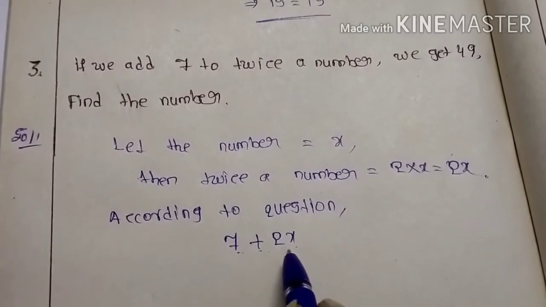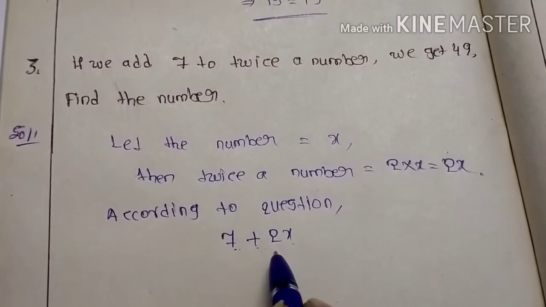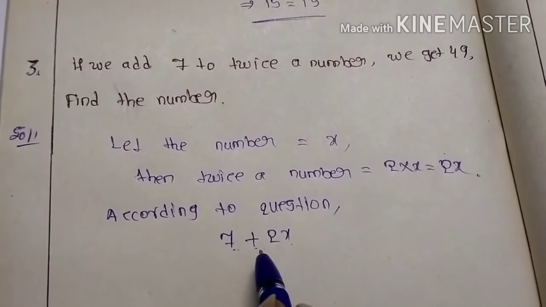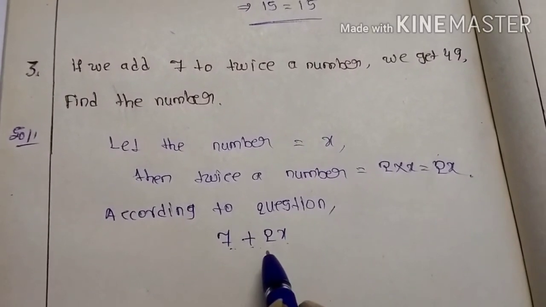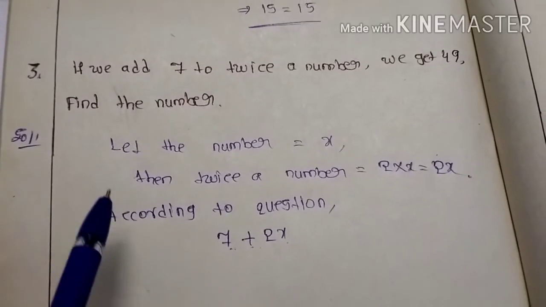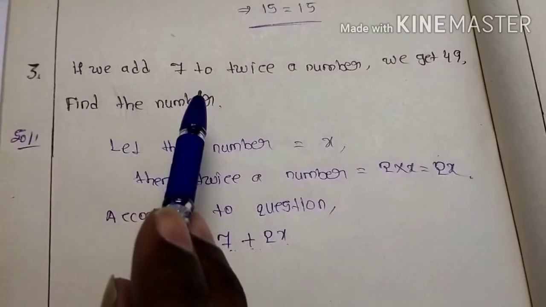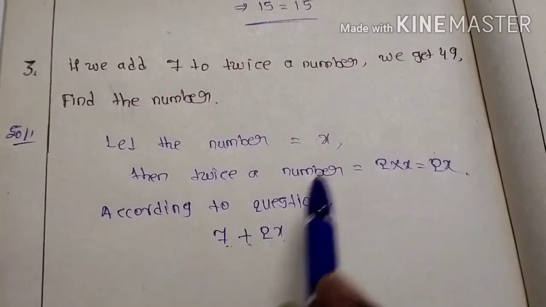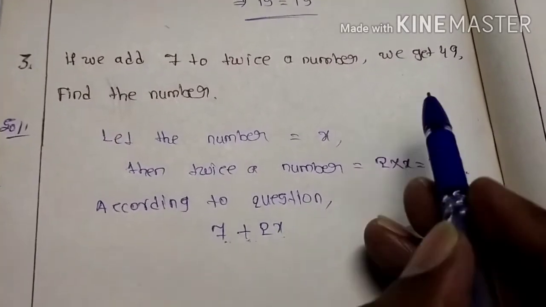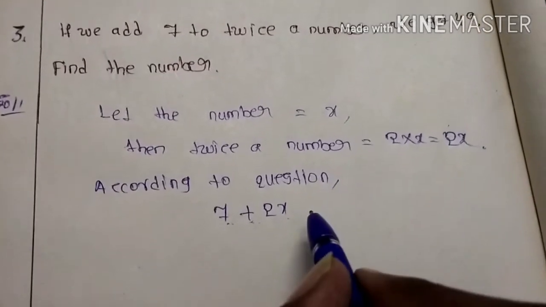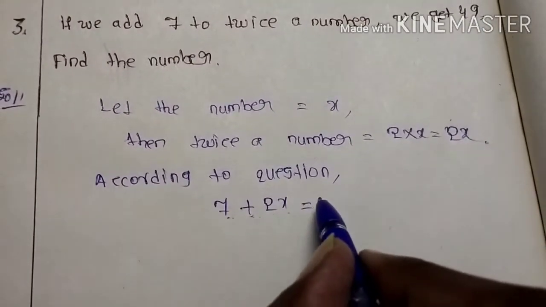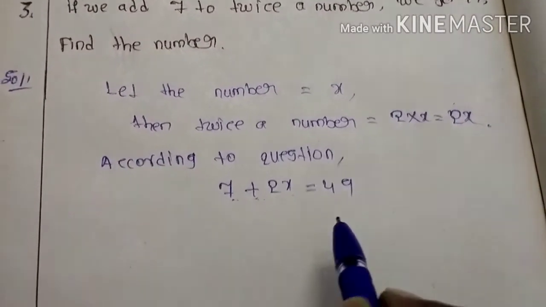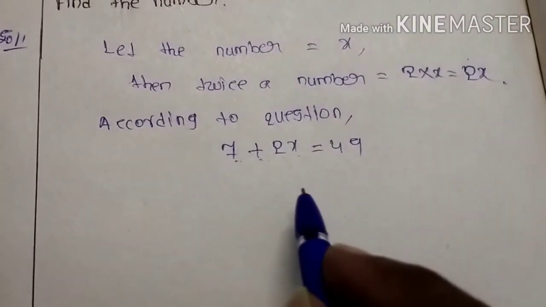This is the major important thing in simple equations. If you are expressing it in the simple equation form, the remaining should be very, very easy. Try to understand here. If we add 7, adding means addition, to twice a number 2x, we get 49. That means they are expressing is equal to 49. So this is the problem completed. Very easy.